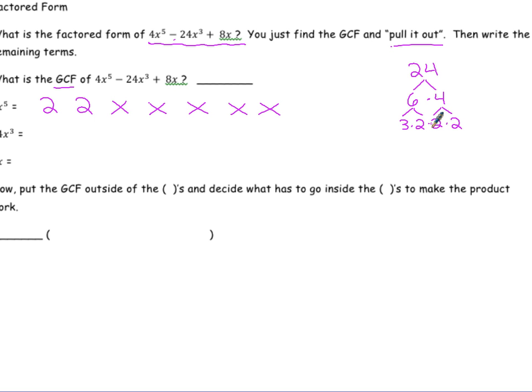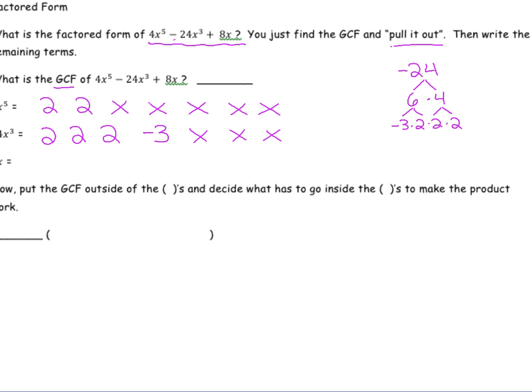I don't think I can get any smaller than that. Keeping in mind it was a negative, I'm going to attach the negative to the 3, because if you look over here, since I already have positive 2's, it looks like I'm going to need those. So 2, 2, 2, and then negative 3. And then it's x to the 3rd, so 1, 2, 3.